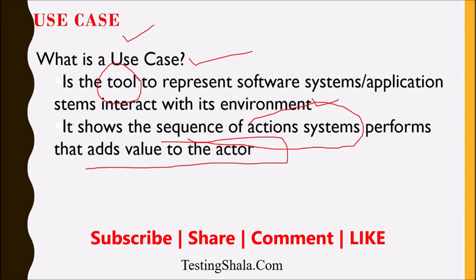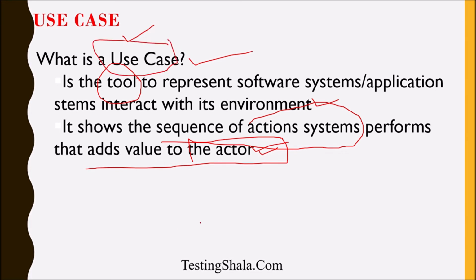So actor here is an external factor. I hope you clearly understood what is use case. Use case is nothing but a pictorial representation of the interaction which we made in the software system.